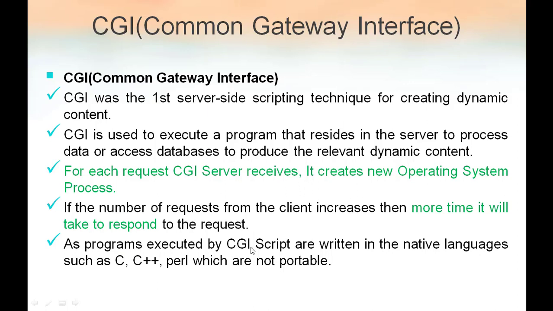Also, programs executed by CGI script are written in native languages such as C, C++, Perl, which are not portable. So these are the main two disadvantages of CGI. For each request CGI server receives, it creates a new operating system process, and for multiple requests, it will take more time to respond to the request.